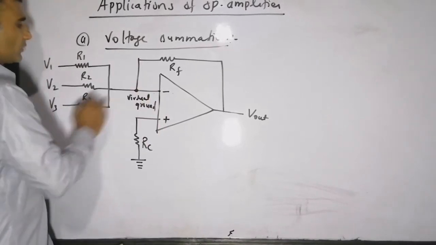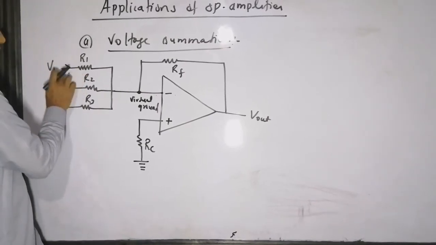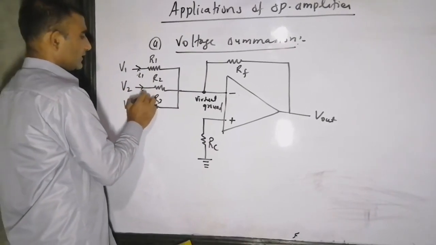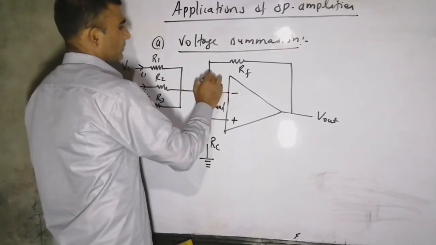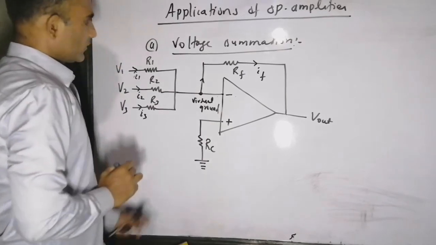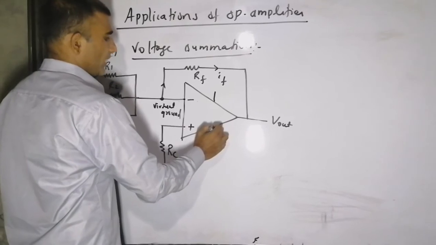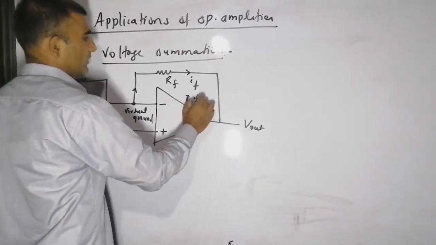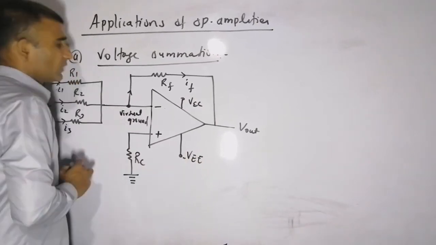Suppose the current going through resistance R1 is I1, this current is I2, this current is I3, and the current going through the feedback resistance is IF. These are the things we have to assume for writing the equations. This is the VCC and this is the VEE, which is negative.